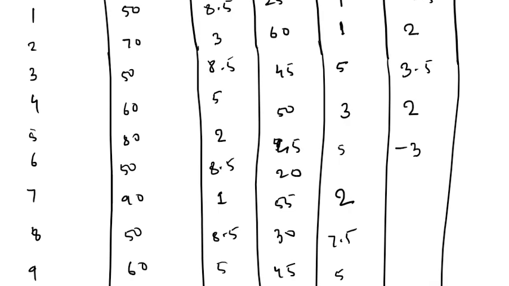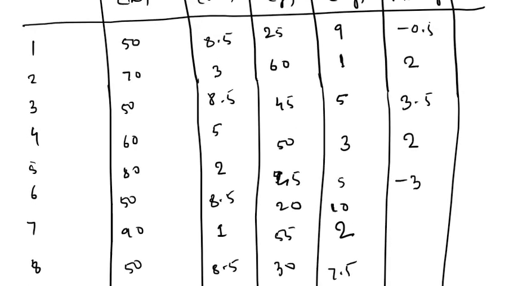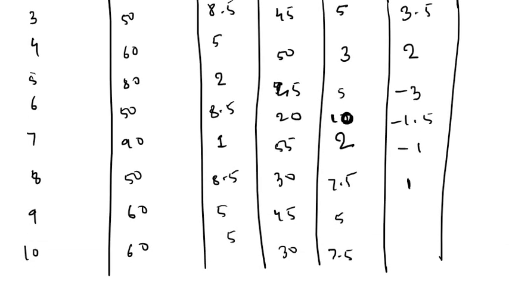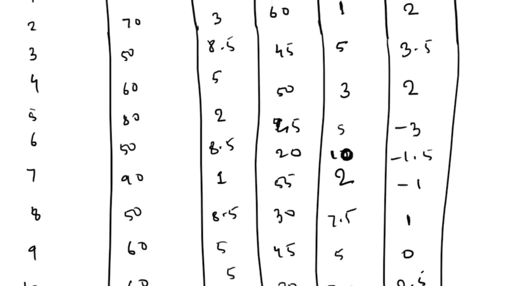Then 8.5 minus 10, minus 1.5. 1 minus 2, minus 1. 8.5 minus 7.5, 1. 5 minus 5, 0. And 5 minus 7.5, minus 2.5.